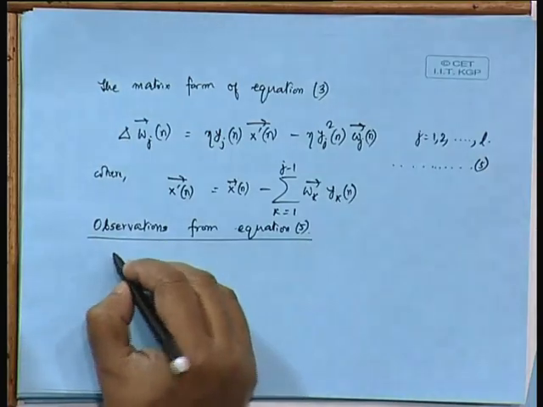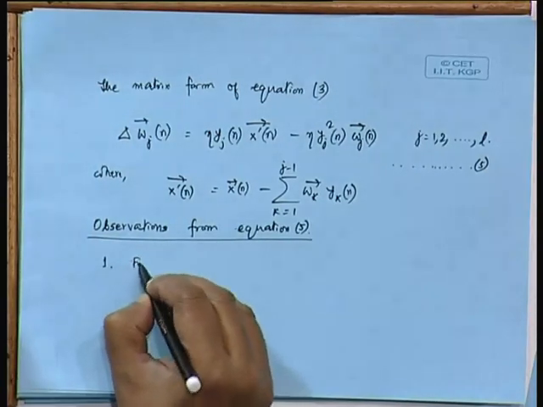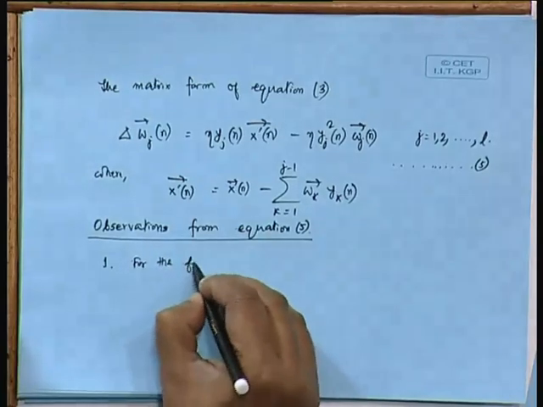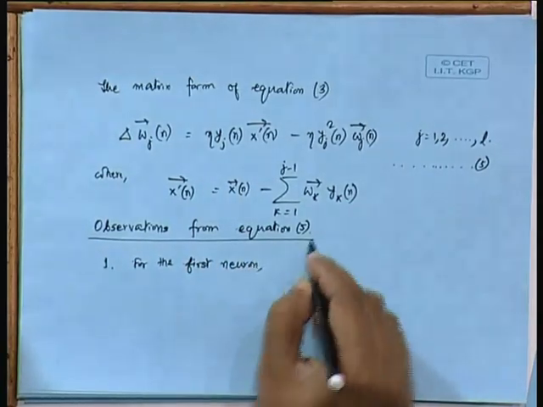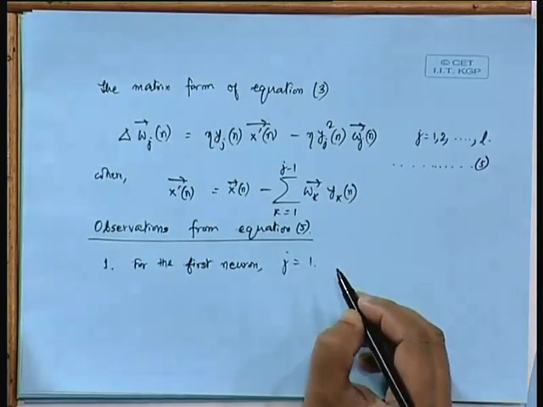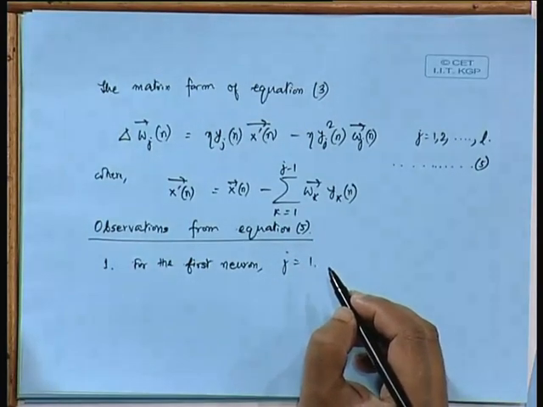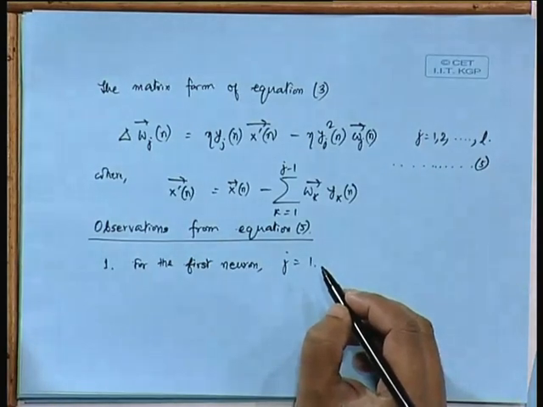Let us take the first neuron. So, for the first neuron, the index j that we have to consider is j equal to 1. So, we try to write the j equal to 1 case. Now, the j equal to 1 case will of course be delta w 1.